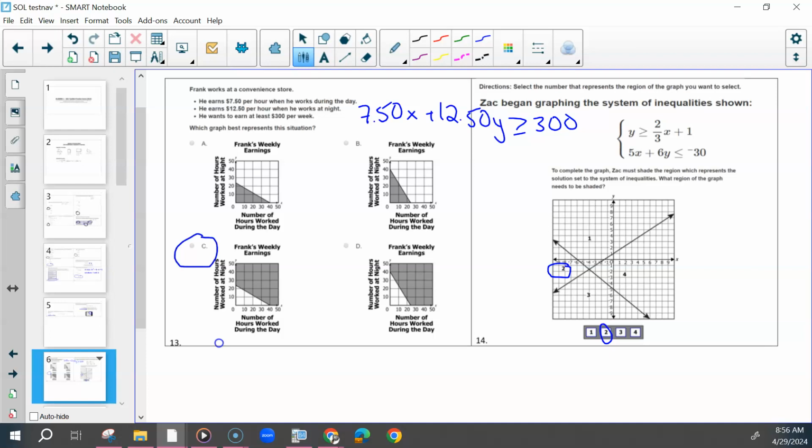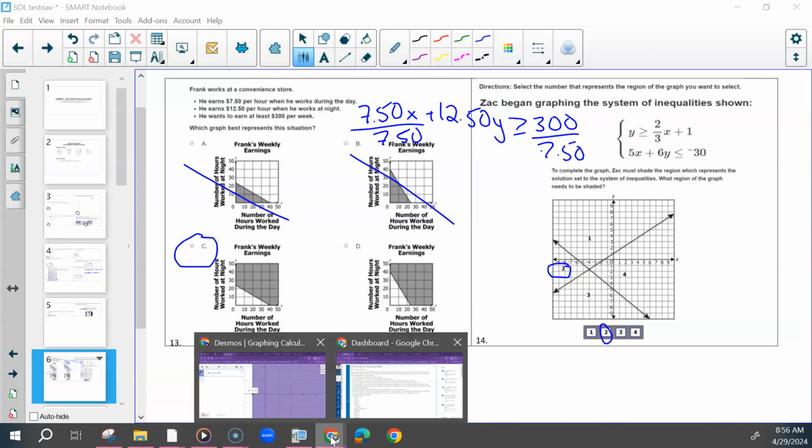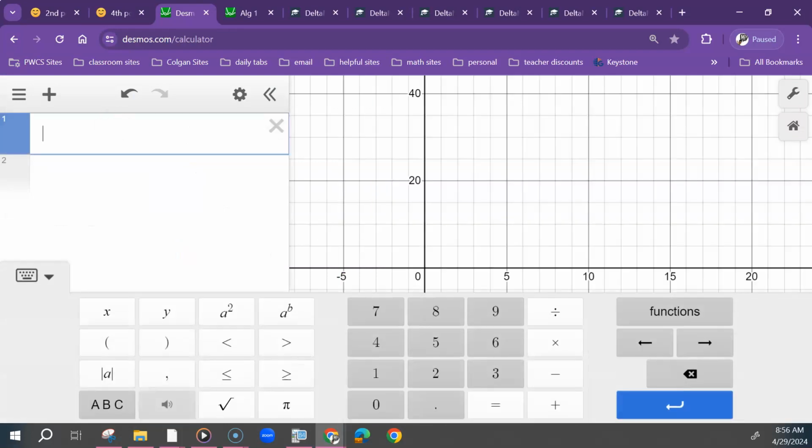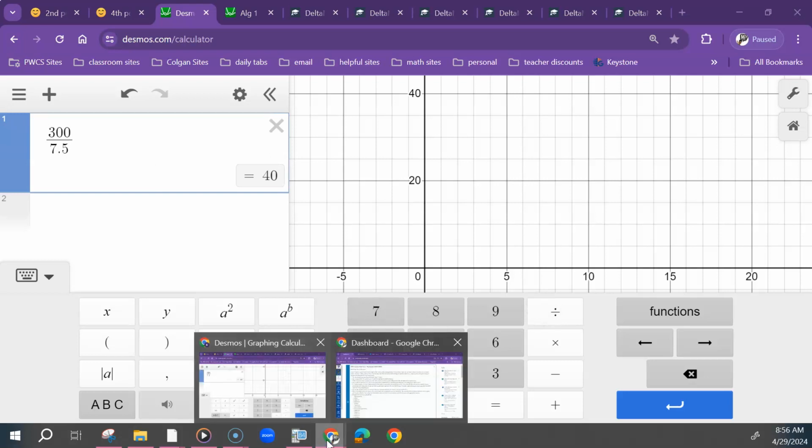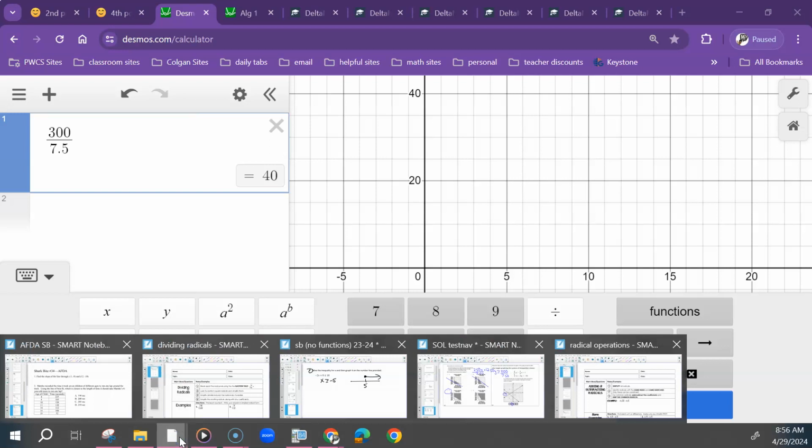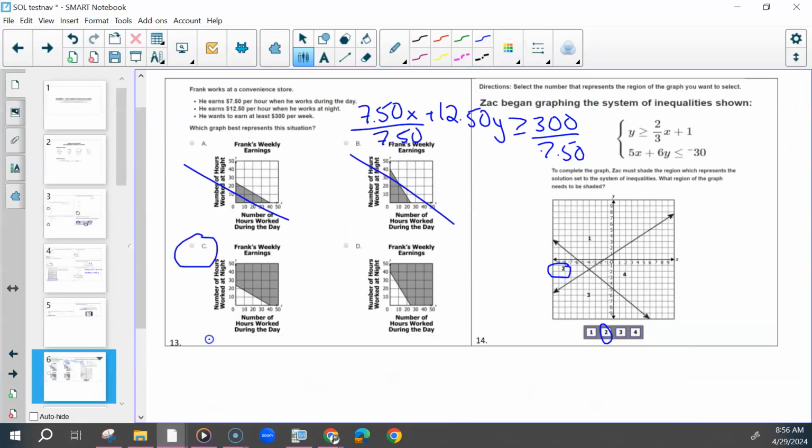And then you can do one or two things. One, eliminate the ones that are less than. So it has to be C or D. And then I could solve both of these for X and Y. We got 40 for X, which is where it crosses.